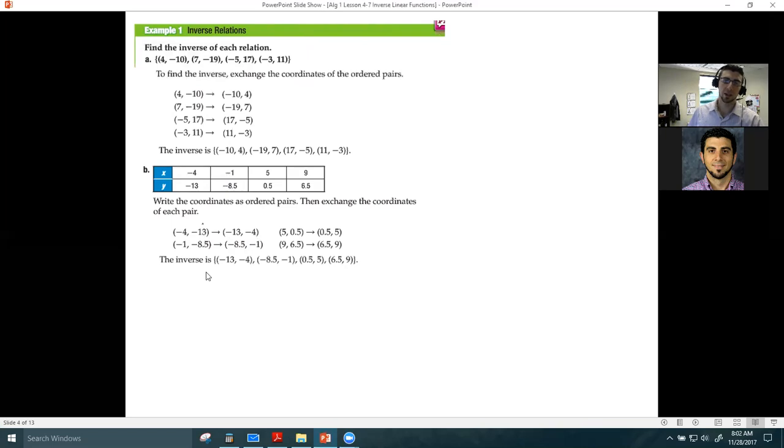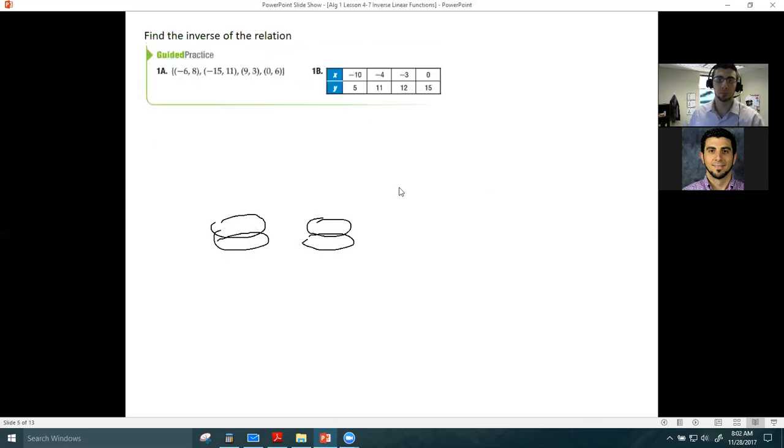So if I list the inverse in set notation, it's this one, this one, this one, and this one. Okay, so here's one for you to try. Go ahead and find the inverse of each relation. Pause the video, then hit play when you're ready to check.